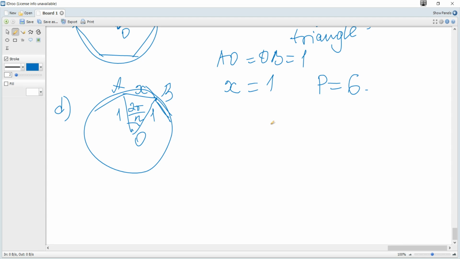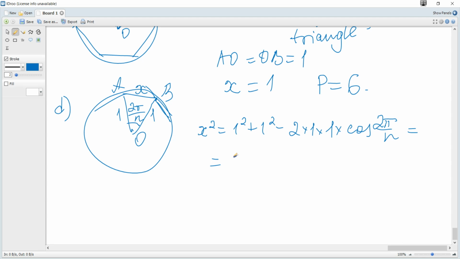And to find the perimeter we need x, so let's find x, and let's consider, for example, the cosine rule, and it says that x squared is 1 squared plus 1 squared minus 2 multiplied by 1 and by cosine of 2 pi over n. And since we need the answer to be in terms of sine, we can simplify it, and it becomes 2 minus 2 times cosine.